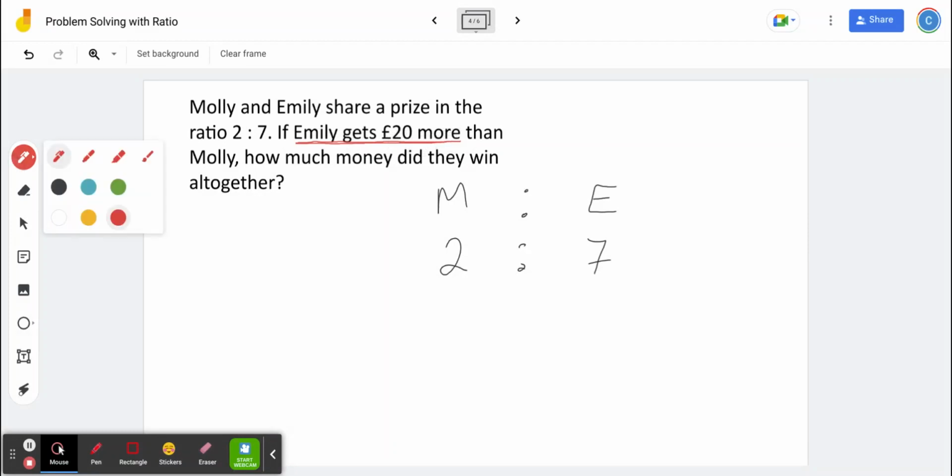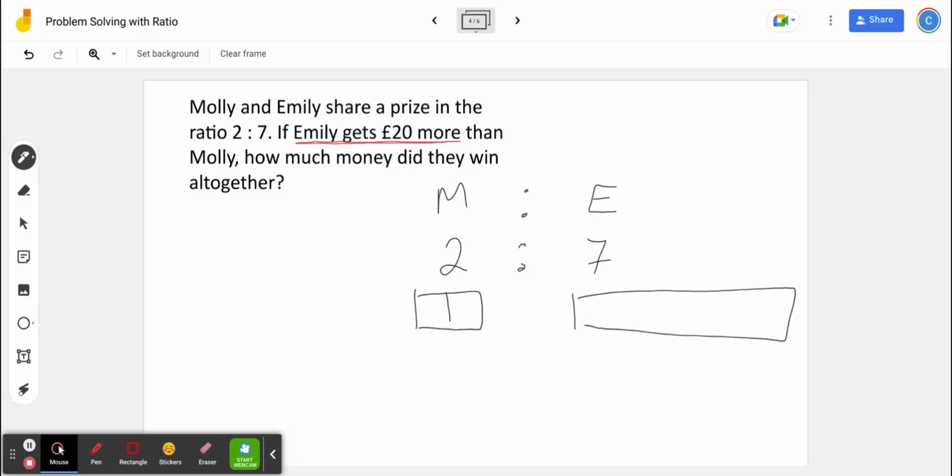So that's how much they get more in money. The first thing to do is to figure out how much more does she get in parts. So it really helps actually to draw the boxes again. So Molly gets 2 parts of the prize money and Emily gets 7 parts. 2, 3, 4, 5, 6, 7.